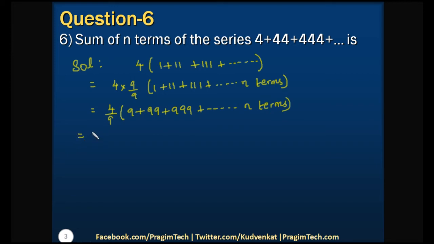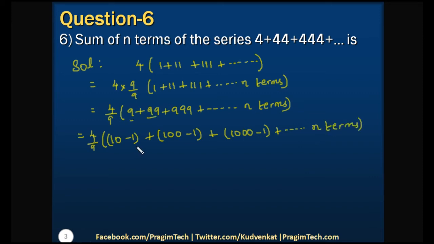So this will be equal to 4 by 9 into, 9 we can write as 10 minus 1, right? Similarly 99 we can write as 100 minus 1, and 999 is 1000 minus 1, and so on up to n terms. If we represent the given terms in terms of powers of 10, then we can represent them in the form of a geometric progression.